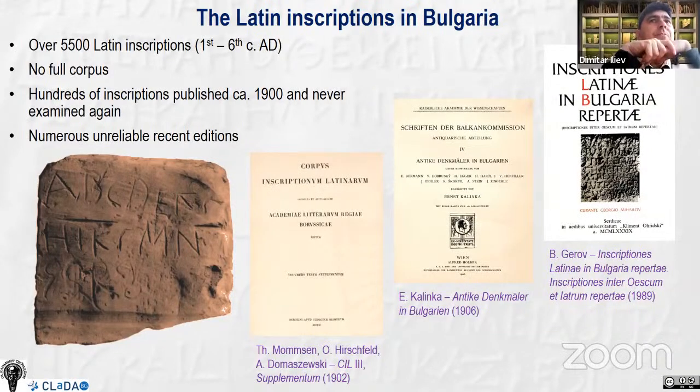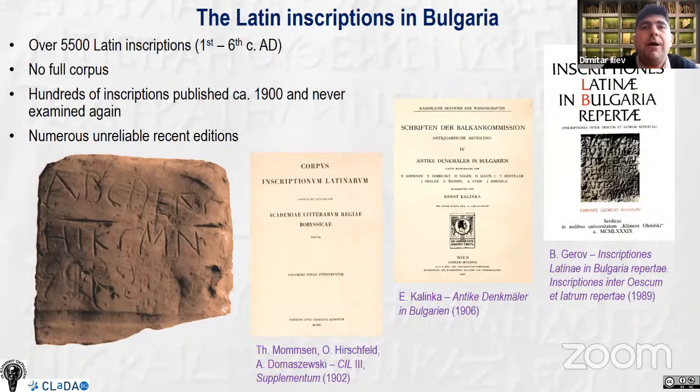Whereas hundreds of Latin inscriptions went unpublished or were published by some editors, often not even Bulgarian editors, around the turn of the 20th century, and then were never examined again. There is a very important edition which contains Latin, but also some Greek inscriptions. For the Latin ones, this is especially relevant because probably this is the only official publication existing so far.